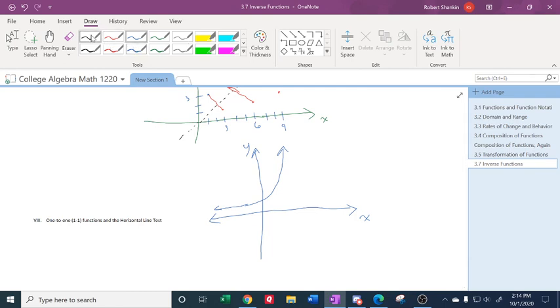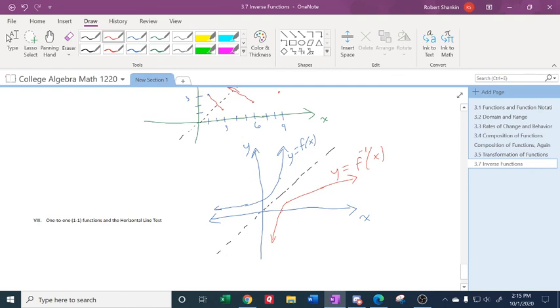Then the new function, so this one is y equals f of x, the new function will be the same function reflected across the line y equals x. Like this. This is y equals f inverse of x.